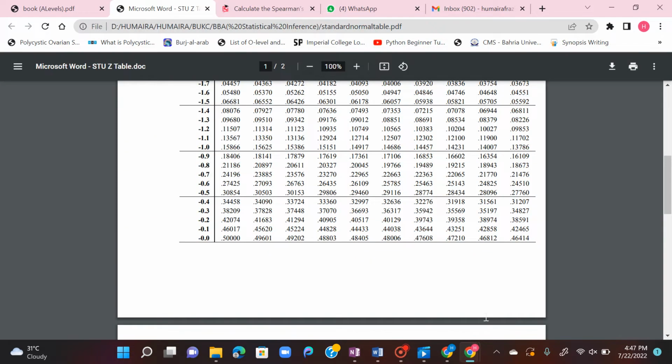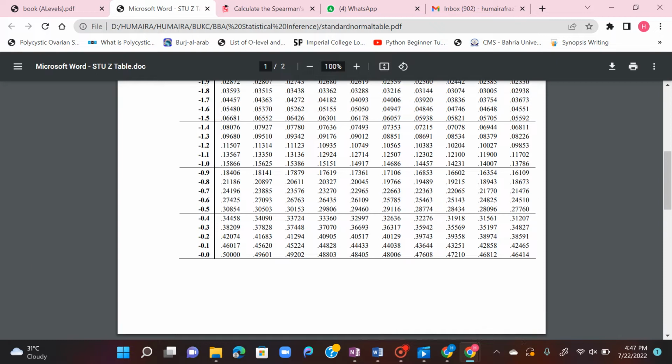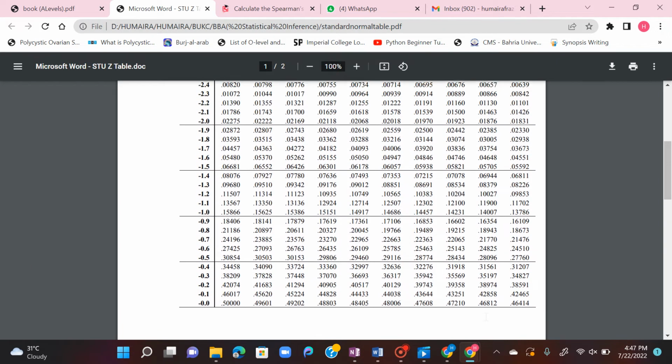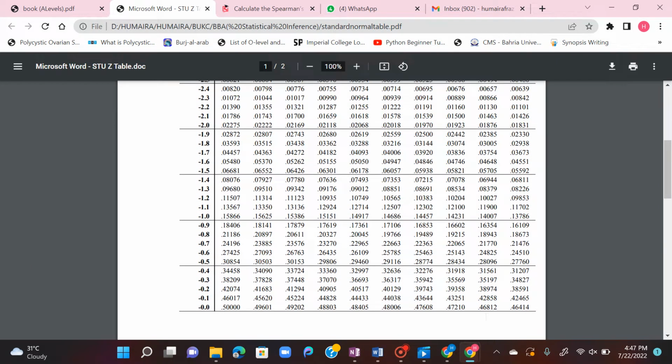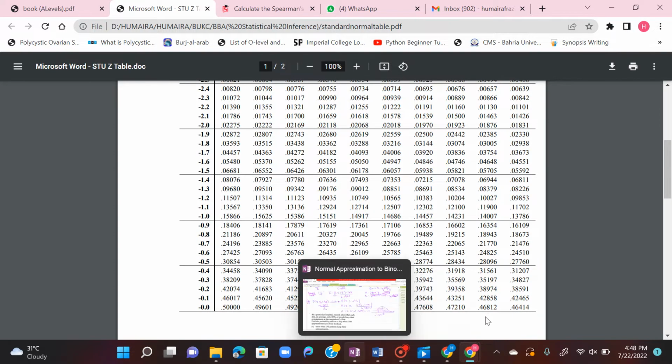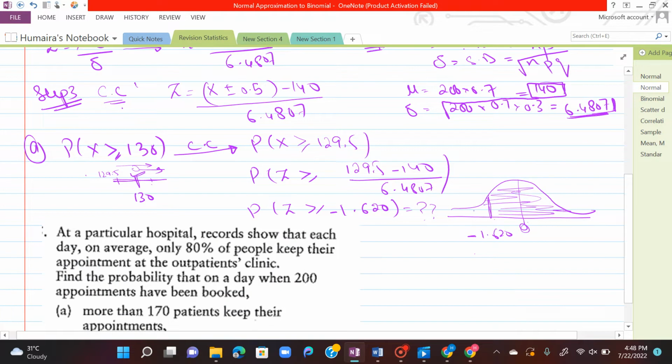Minus 1.62, so it's 0.05262. So basically this area is 0.05262, right? Why this area?